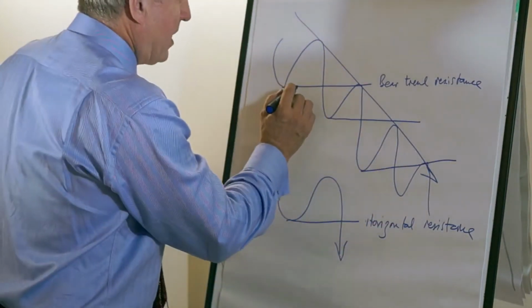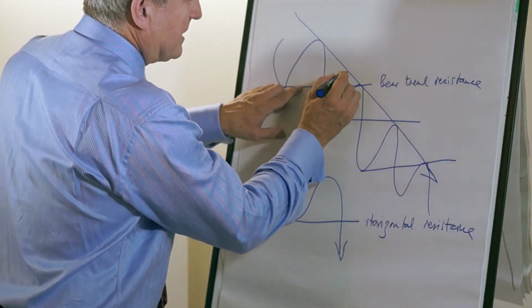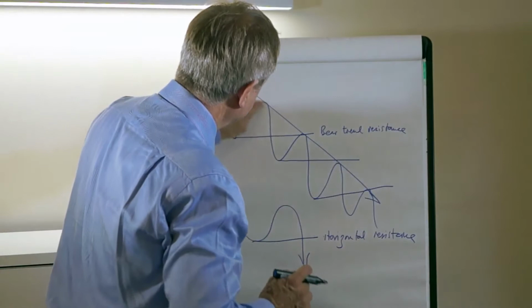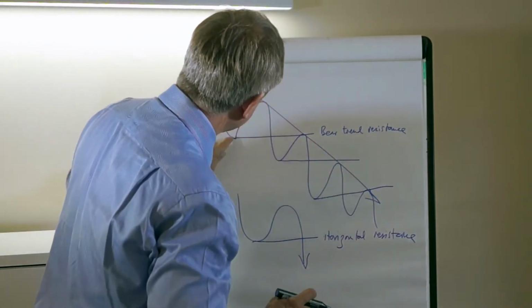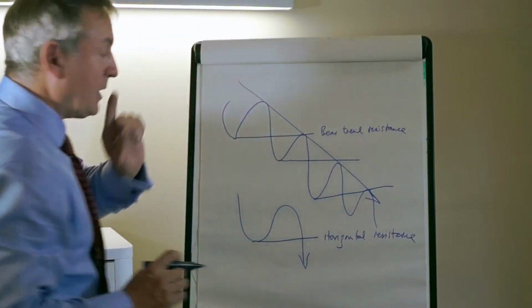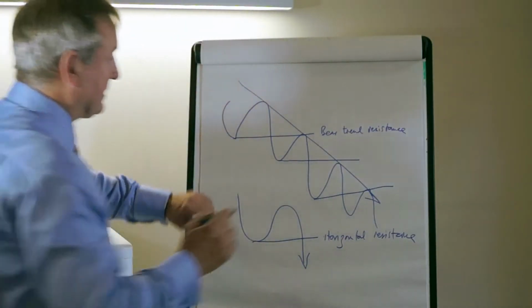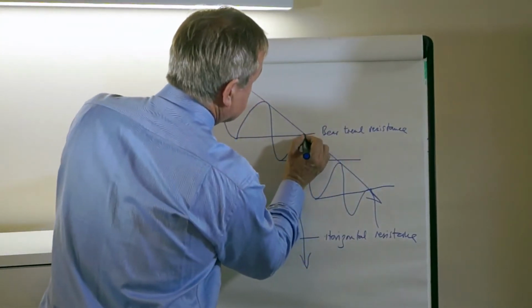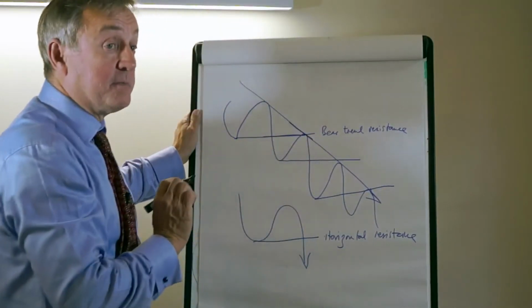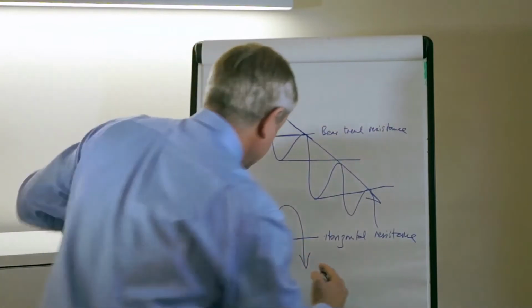And these, combined with that, form the structure of a bear trend. So we have the bear trend line resistance, and we also have these horizontal prior lows resistances. When a bear trend is in good fettle, the market fails at both this horizontal as well as the diagonal. Sometimes they combine, sometimes they don't.